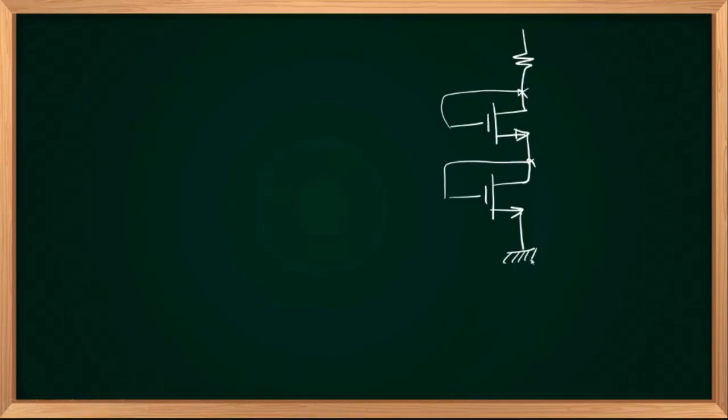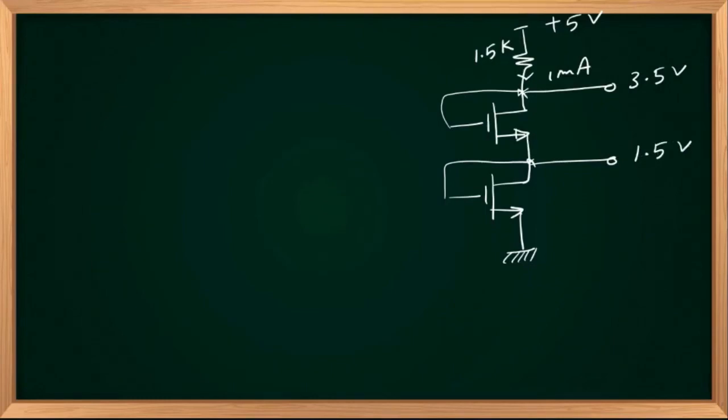Supply voltage is plus 5 volts. Drain current is 1 milliampere. RD equal to 1.5 kilo ohm. Both drain voltages are given to you. That makes it simple. 3.5 volts here, 1.5 volts here.